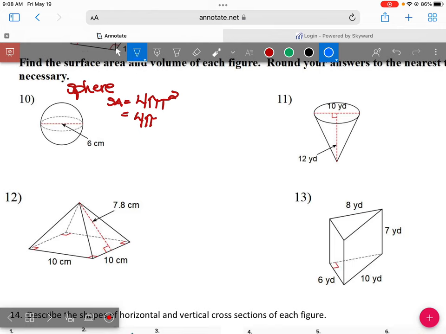It is not 6. 3. It is 3. 6 is the diameter, which goes all the way across. So make sure if you're given the diameter, you only take half of it or divide it by 2 to get the radius. So putting this together, I get 4 times 9 over here is 36 pi.